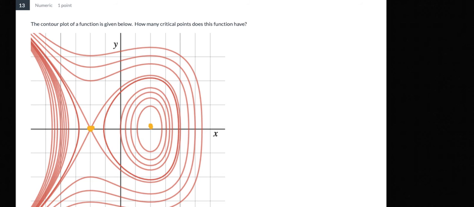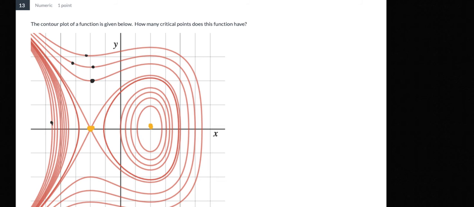Now, all other points are not in any way distinguished from other points. So for example, if we look at this point, well, this point is located on a contour line, and it doesn't look anything different from, let's say, this point or this point or that point or even this point.